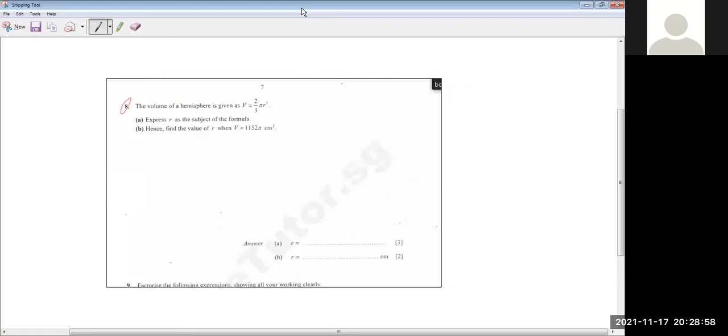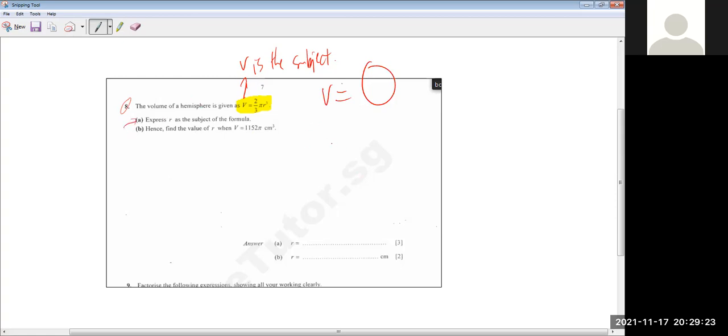All right, so the question is given in this format. This format says V is the subject. The meaning of V is the subject means V equals to something. So over here, part A, it says express R as the subject.